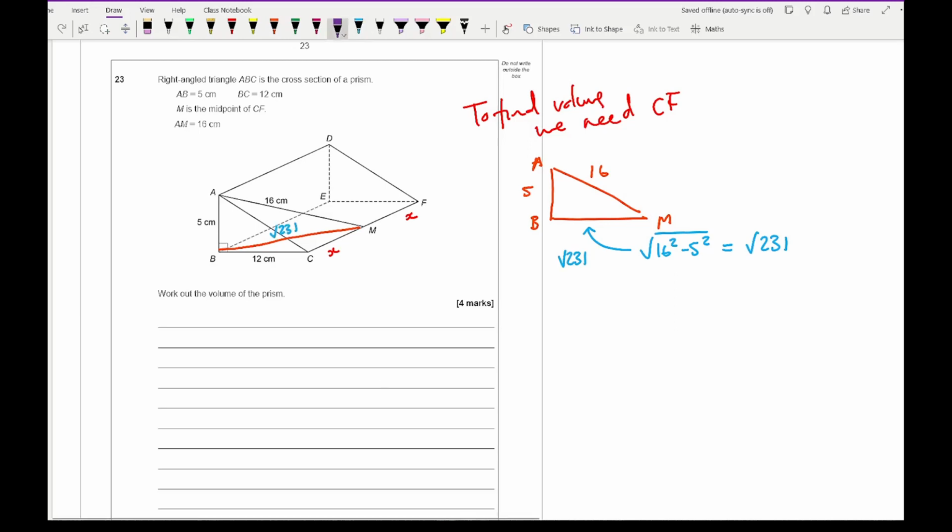So if I take out that other triangle, which is M, C, and B, this length here is 12, and this length here is square root of 231, and this is my value of x.